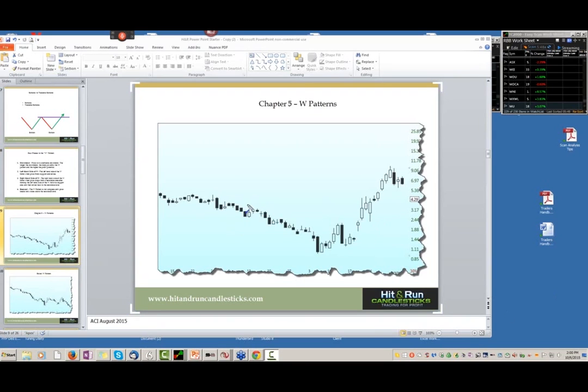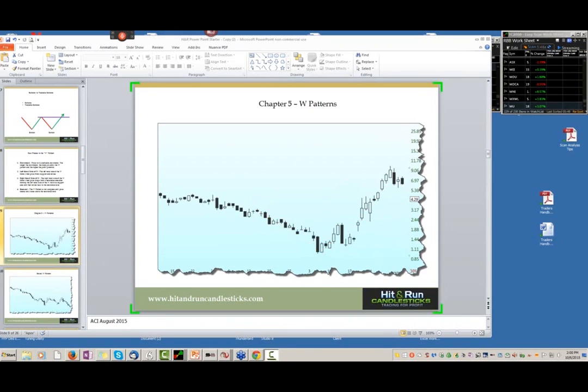You can see the down move here, so you can see we're coming down, and then we rally up, and then we rally back down, and then we rally up, and right there you can see that it broke out and ran.